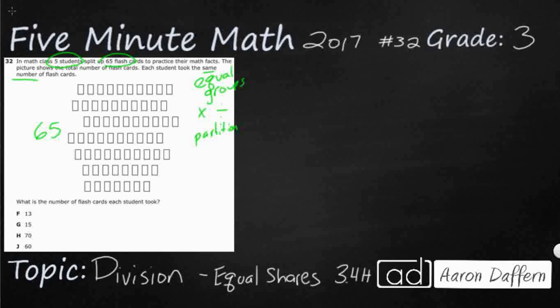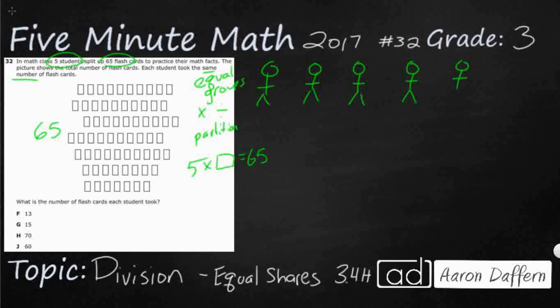Well, let's just draw 5 students here. They give you this 65, which is always a good strategy because we probably don't know a math fact that goes 5 times something equals 65. So that could work, but we probably don't know that math fact.